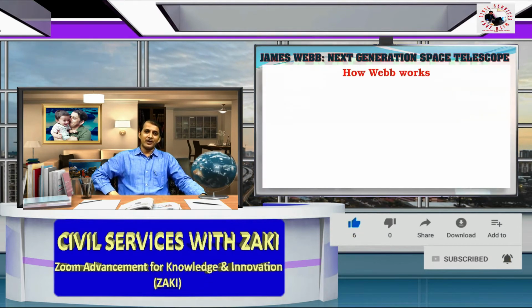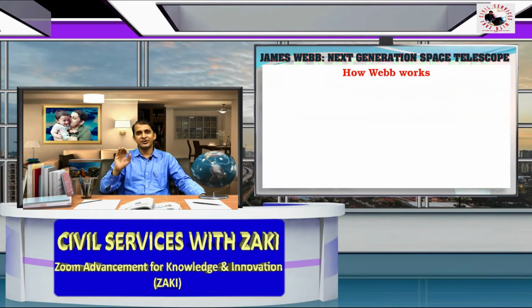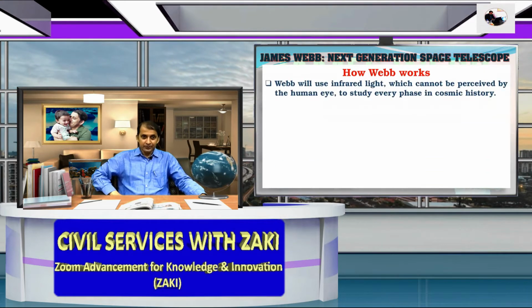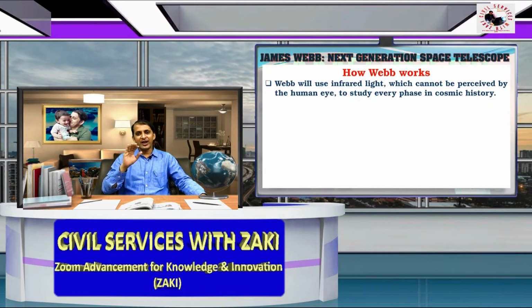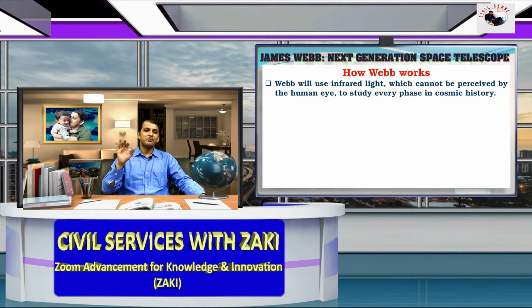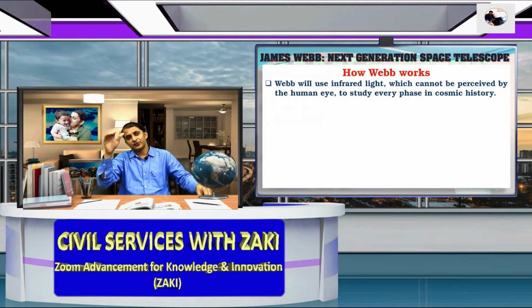So we move forward and see how Webb works. Webb will use infrared light, which cannot be perceived by the human eye, to study every phase of cosmic history.